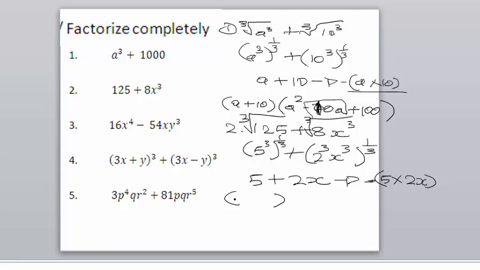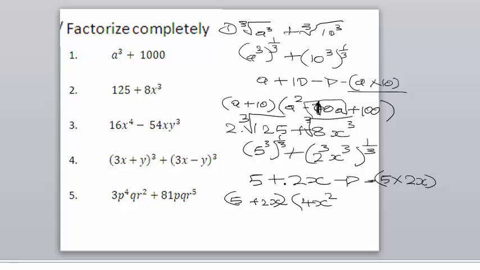The first bracket is going to be 5 plus 2x. And then in the second bracket, I must square this. So in the spirit of writing things algebraically, I'm going to square this, and it's going to be 4x squared.